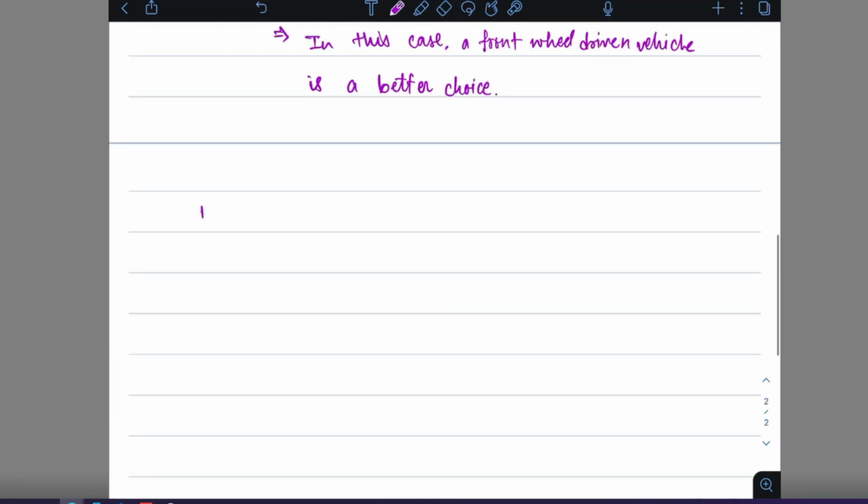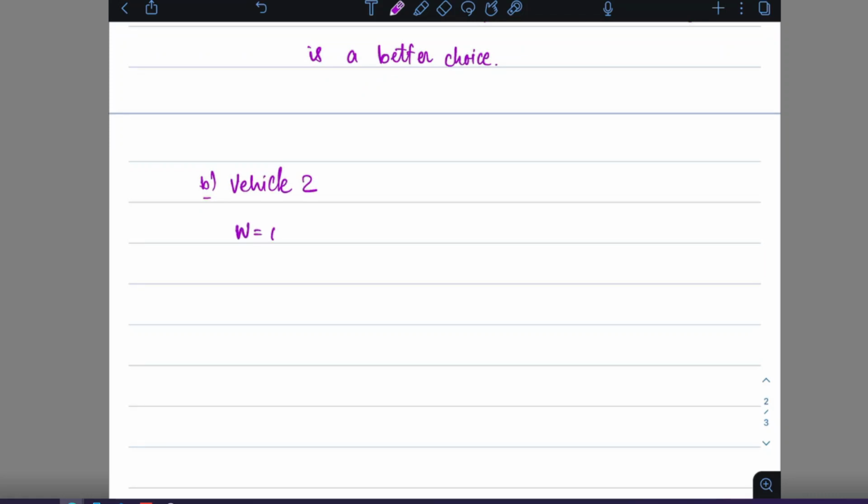So part B, that is vehicle 2. Here the weight is 5880 newtons. The wheelbase is 3.025 meters and L1 is 2.102 meters.